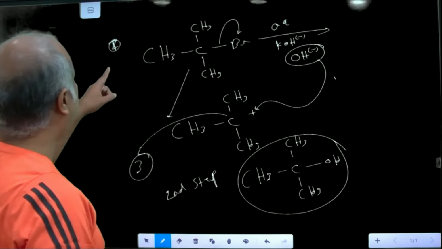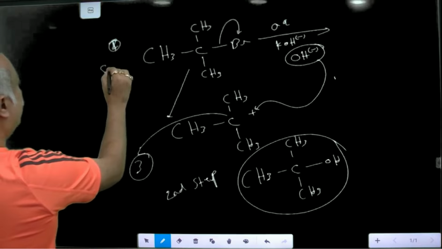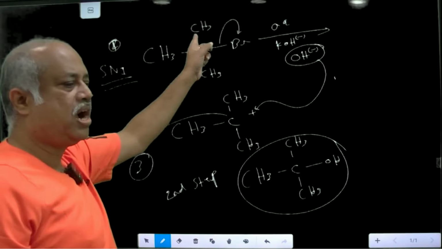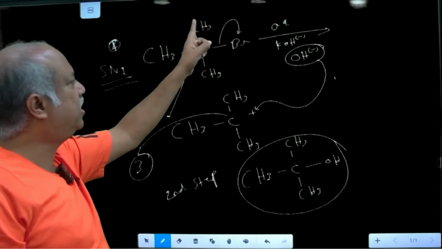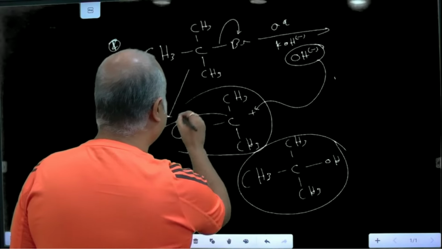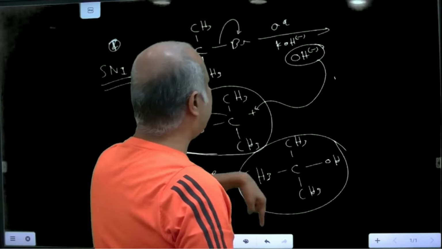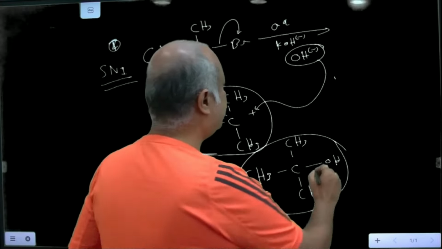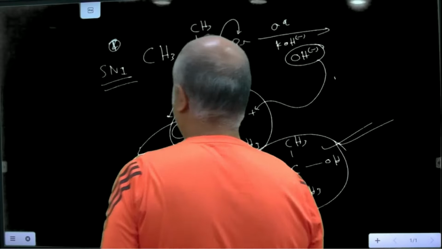So this is the first example for the SN1 mechanism. First step, the leaving group leaves. After that, it produces the 3-degree carbocation. Then in the second step, the nucleophile attacks the carbocation and produces the 3-degree alcohol, tert-butyl alcohol.